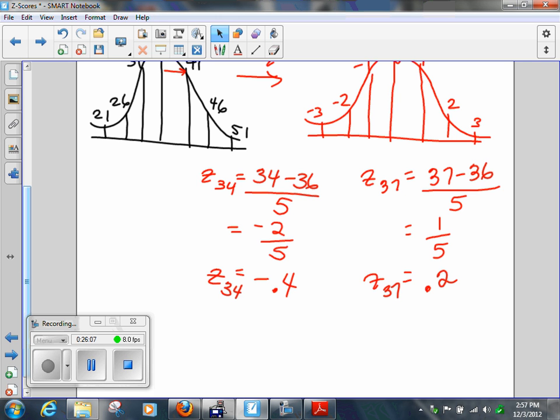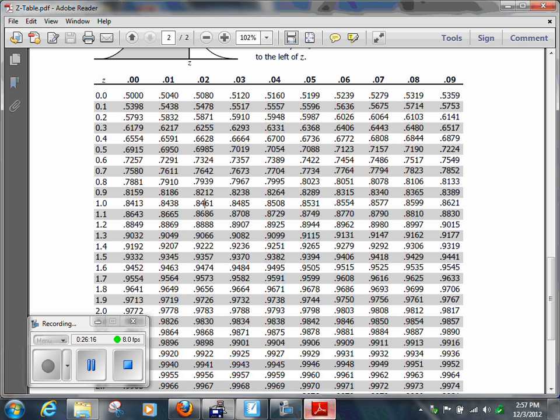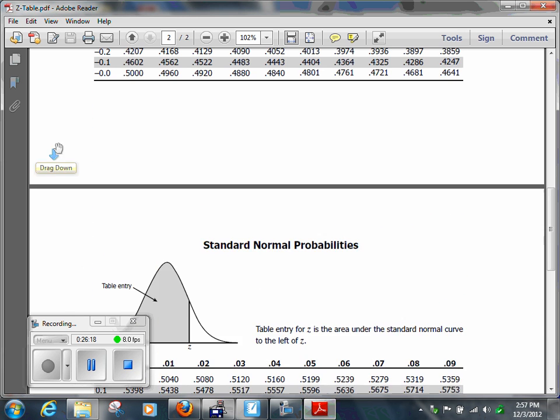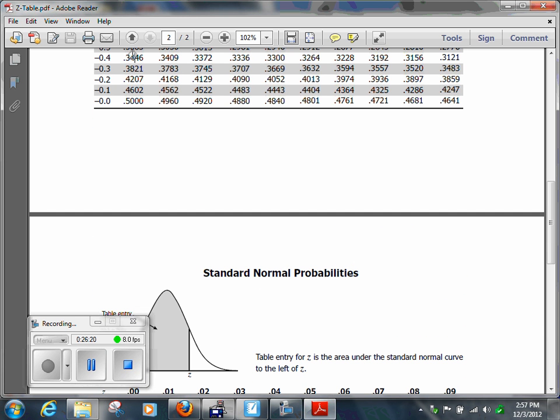So here we go. Go to your z-score table. -0.4. I'm on the wrong side. Go to the negative -0.4. Boom, right there. It's 0.3446.